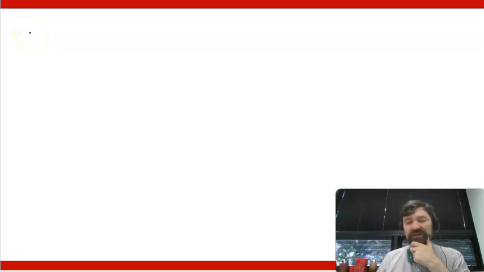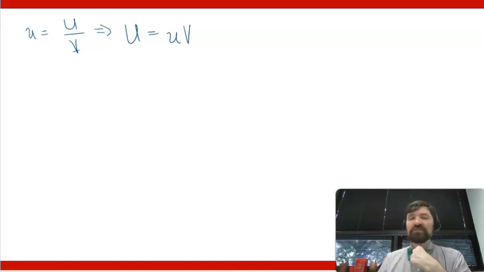We know that the total energy found within a wave must be equal to the spatial extent, let's say volume, of that wave, times the energy density. Since little u is defined as big U over V, it follows that big U, the total energy, is little u, the energy density, times V.